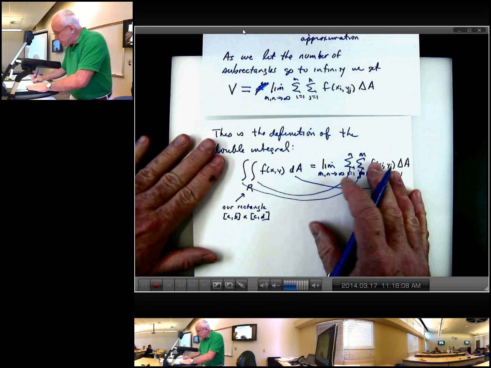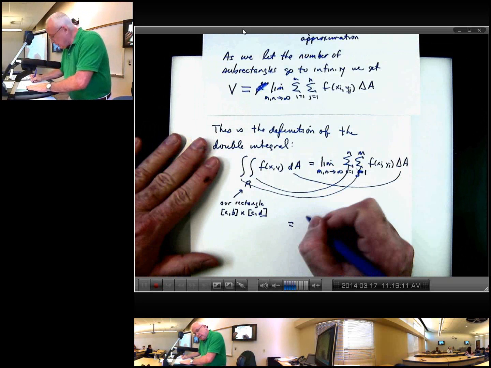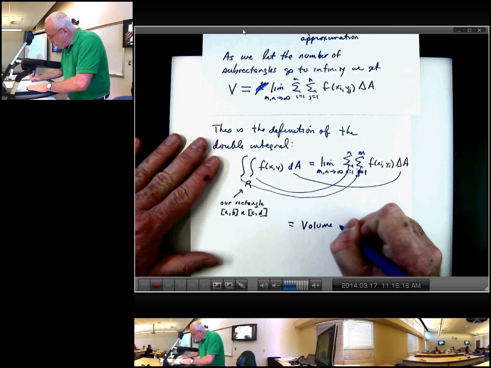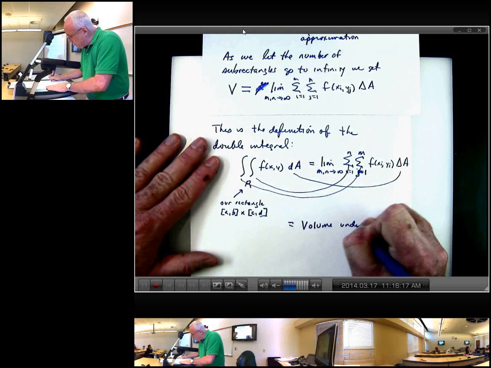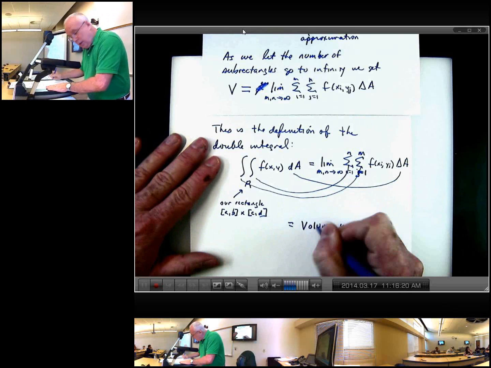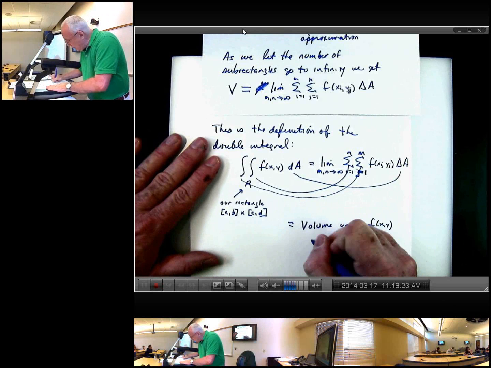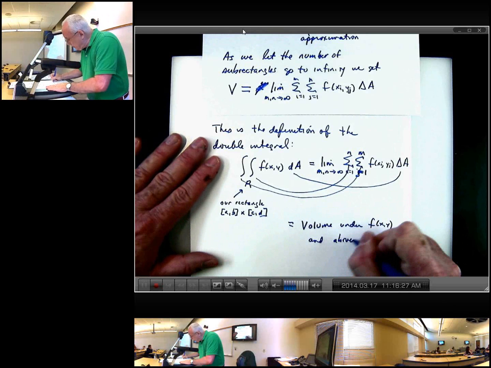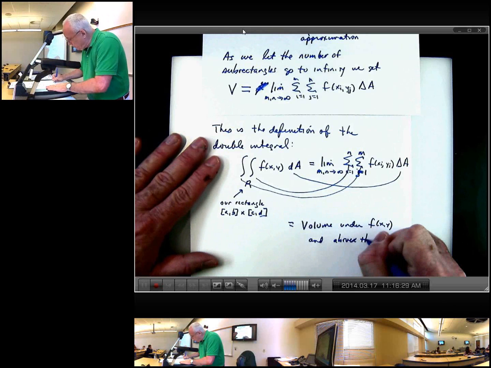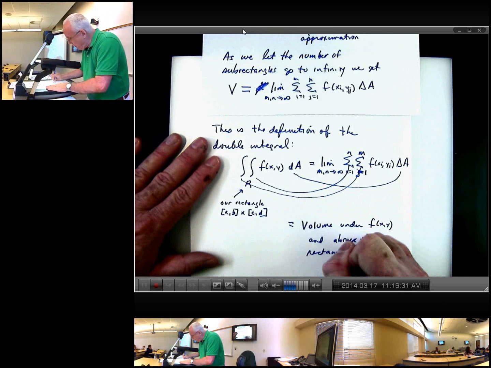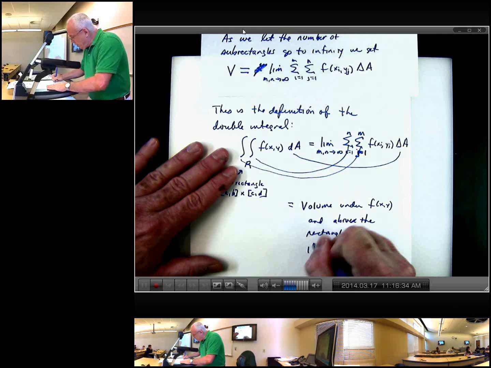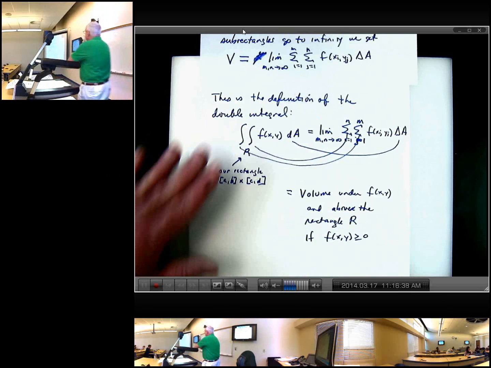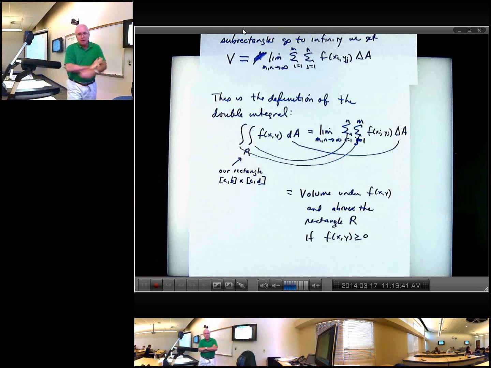And then this is equal to the volume under f of x, y and above the rectangle R, if our function is strictly a positive function. So for right now, we were just looking at a function being a positive function.